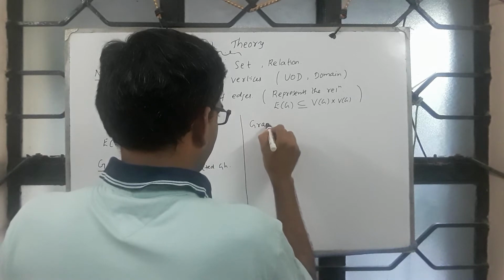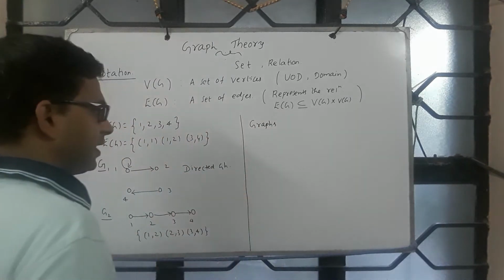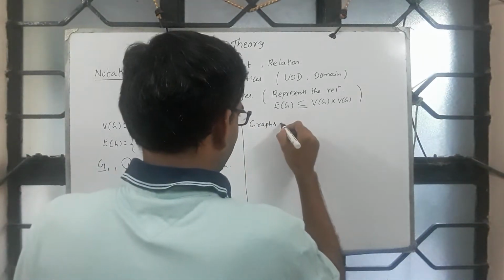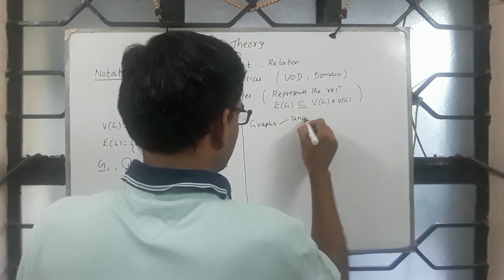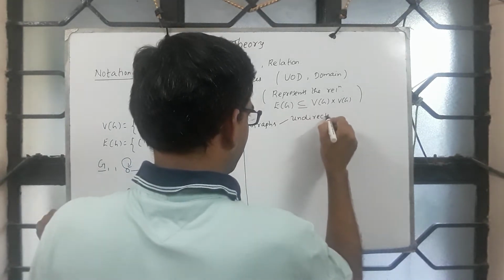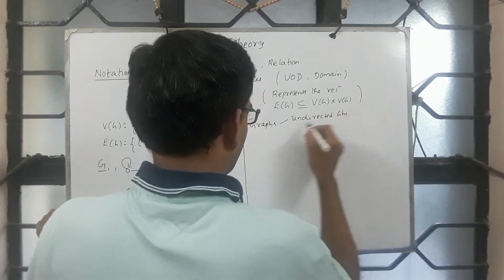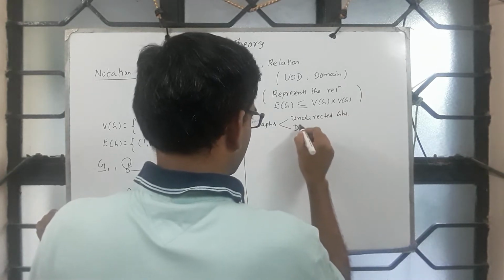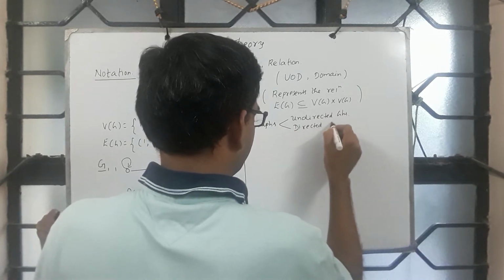As we brought in the word direction, the graphs that we work with are of two types. One is undirected graphs. The other one is directed graphs.